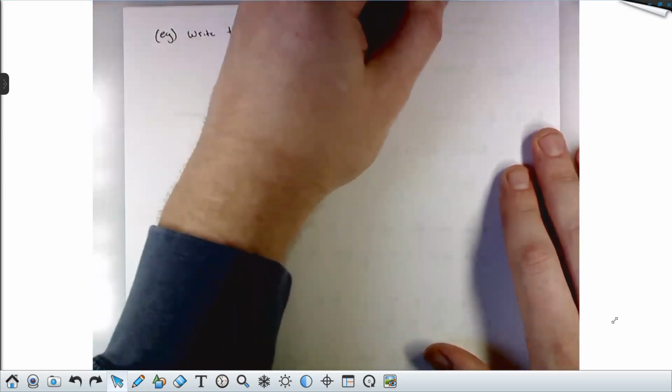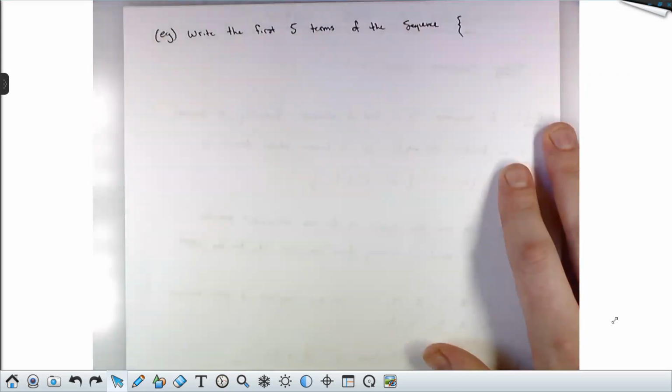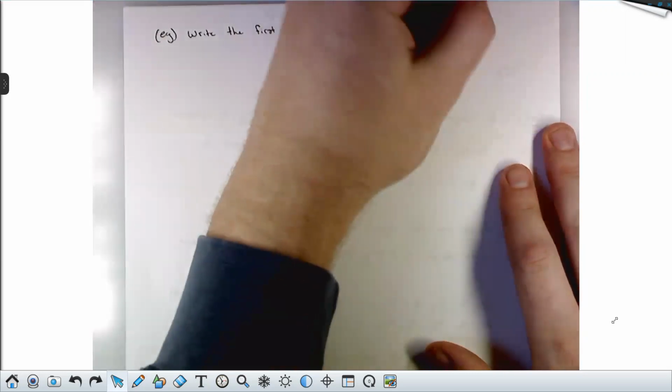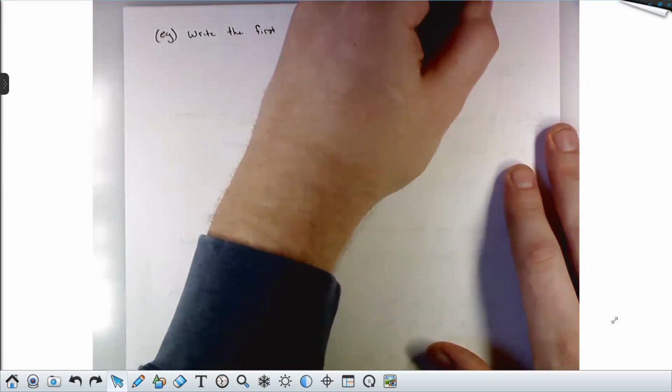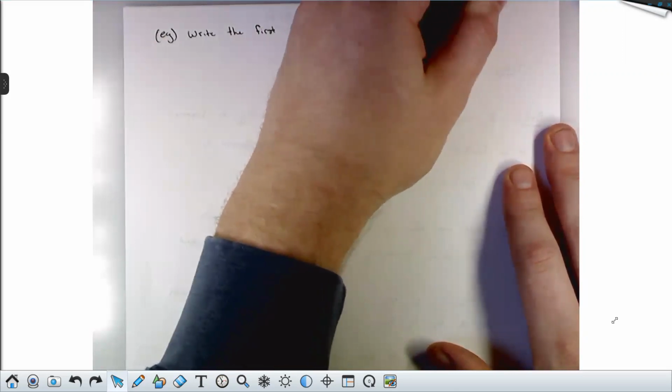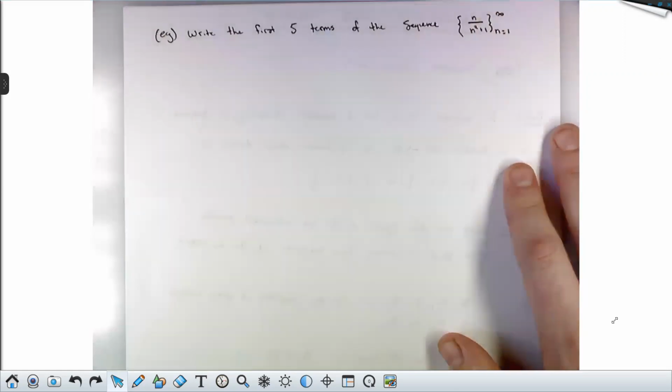So let's write the first 5 terms of the sequence, how about this?